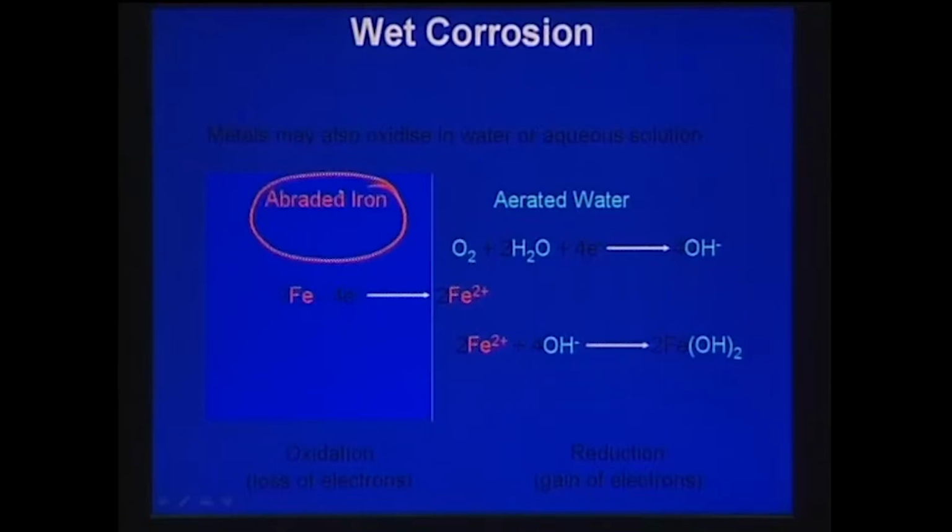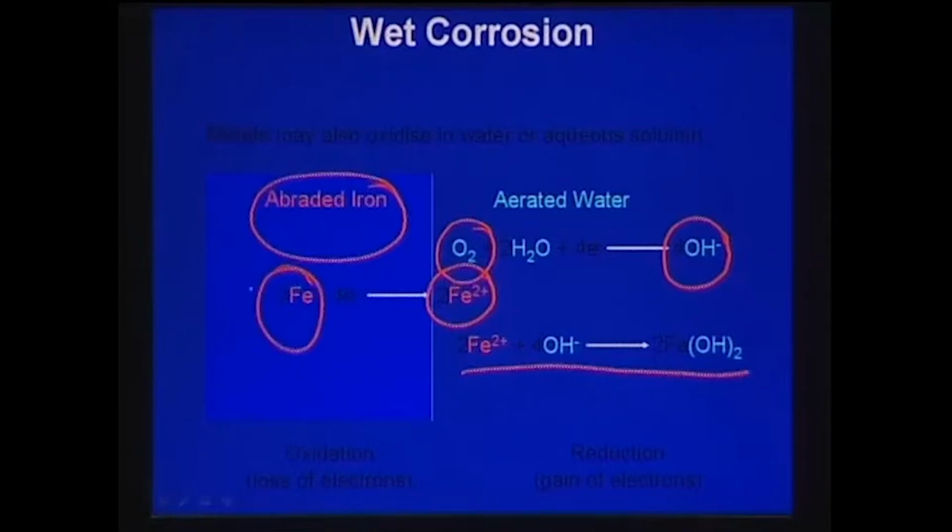Iron can be oxidized to form Fe+2 ions, and the dissolved oxygen in the aerated water can form OH minus, and Fe+2 can react with the OH minus to form iron hydroxide. So, that is the way iron will be continuously leached out from the metal, and that is the kind of corrosion mechanism by which iron will be corroded in aerated water.